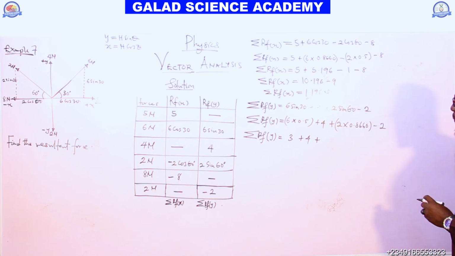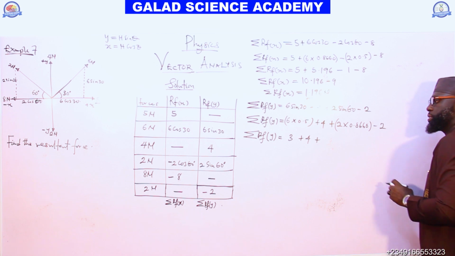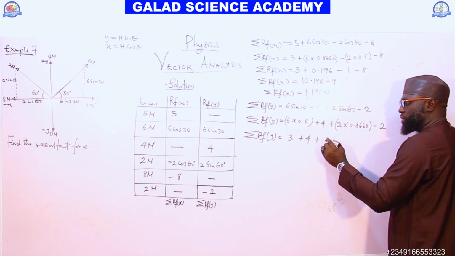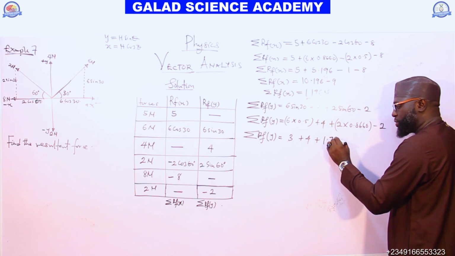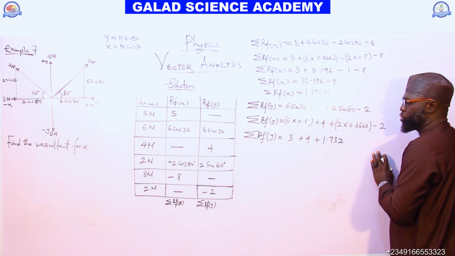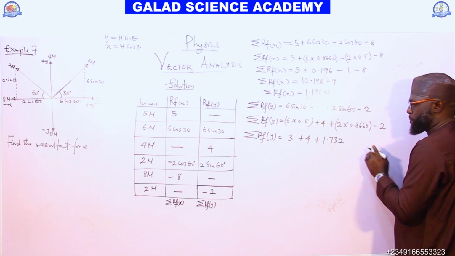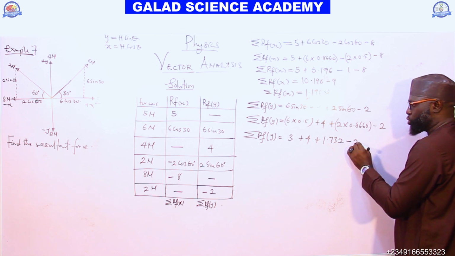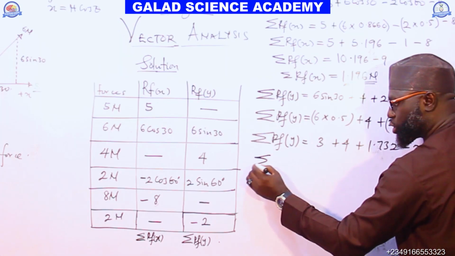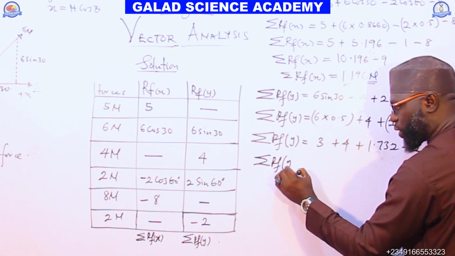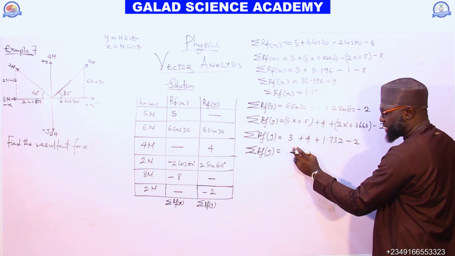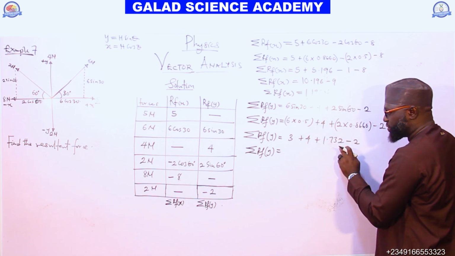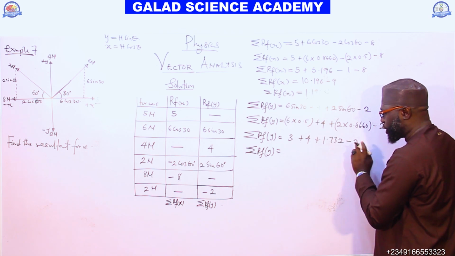2 times 0.866, it will give us that will be 2 times this, 1.732. Minus 2. The sum of resultant force for this, if we add it together, 3 plus 4 making 7 plus 1.7, that will be 8.73 minus 2.